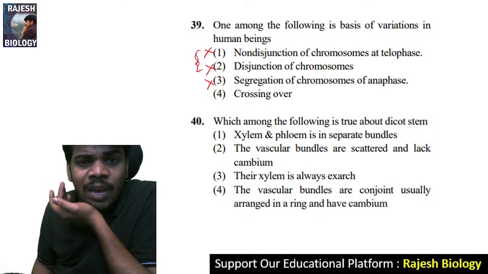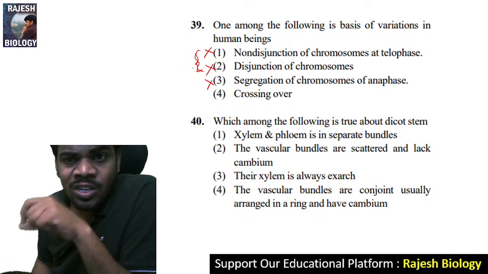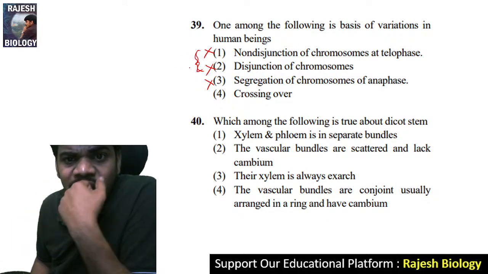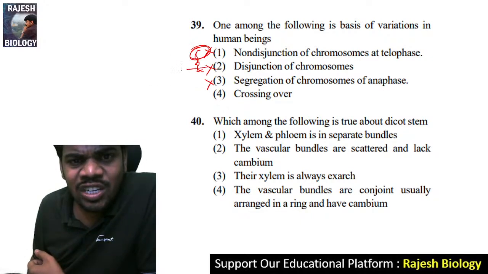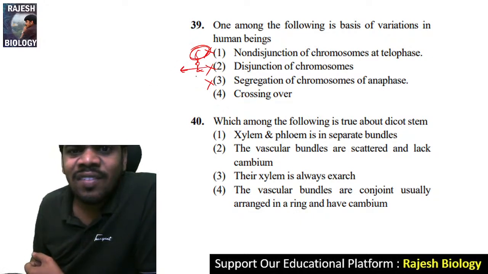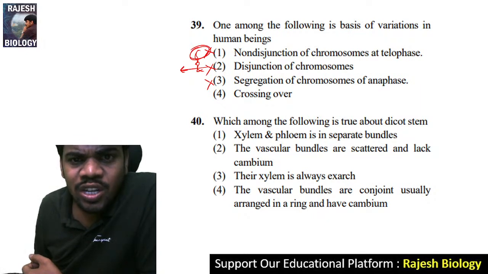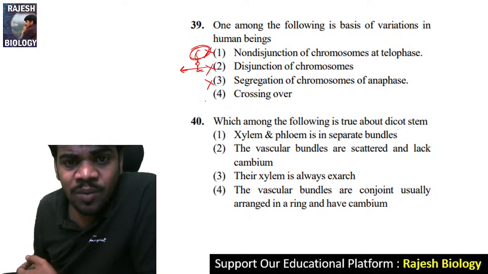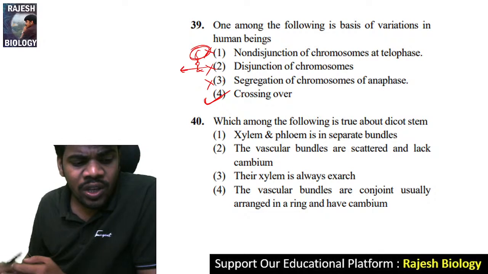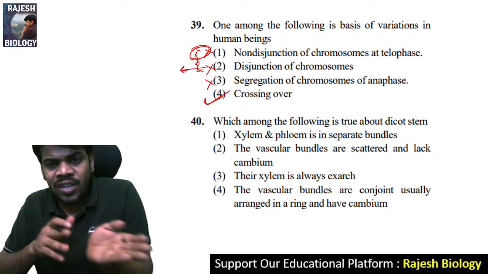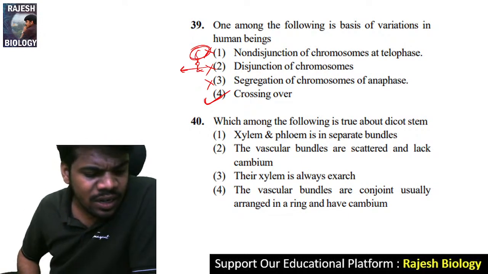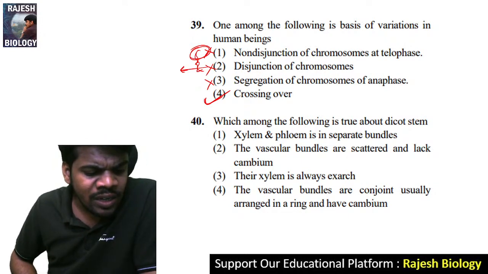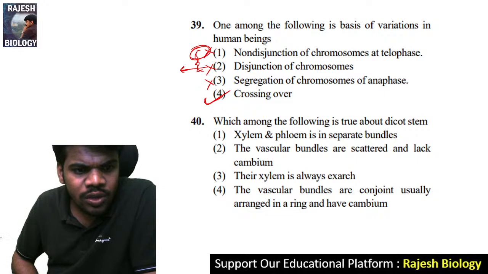If non-disjunction happens, that leads to genetic disorders. Disjunction and segregation do not result in variations, but crossing over, in which the mother's characters and the father's characters are merged with one another, does. Yes, the right answer given by Gnaneshwari, right? Come to the 40th question.